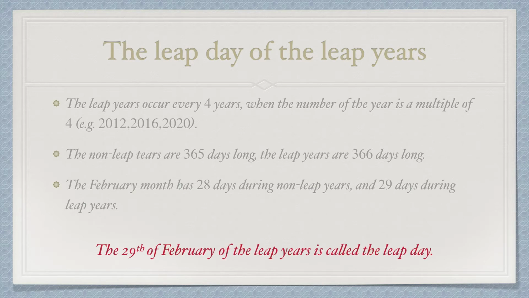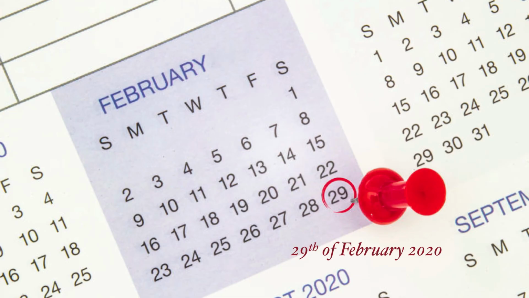The 29th of February of the leap years is called the leap day. It doesn't exist during the non-leap years. And here is the Saturday, 29th of February, 2020, a leap year.